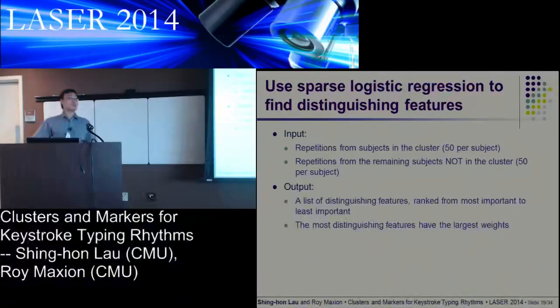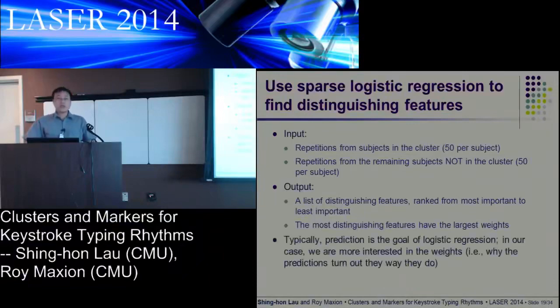And the way that importance is going to be conveyed by the algorithm is it's going to output a set of weights. The most distinguishing features will have the largest magnitude weights. And I'll pause here to mention that typically, prediction is the goal for logistic regression. We're trying to predict, usually, given a particular repetition, does it belong to somebody in the cluster or somebody not in the cluster?